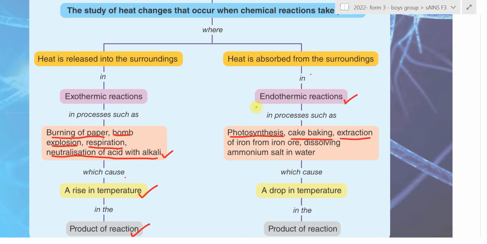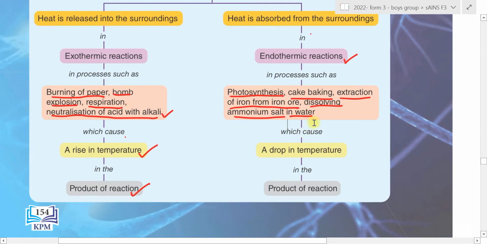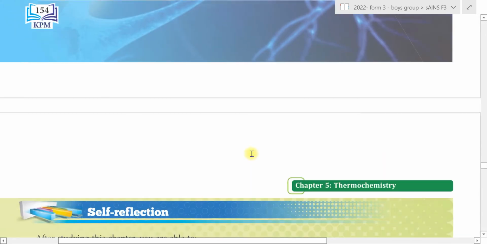Remember extraction of iron from iron ore? The reduction with the coke is also an endothermic reaction. Dissolving any ammonium salt in water is also endothermic, which causes a drop in temperature in the product of the reaction.